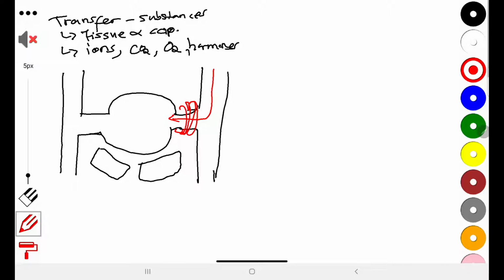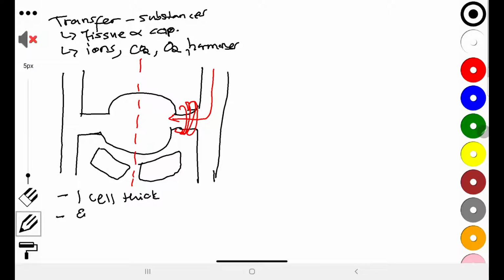And what we're going to concentrate on right now is what are the forces that push and pull the fluid. Okay, now there are several things that you should understand. For example, the capillaries themselves are one cell thick, and they've got a very sinusoidal characteristic.